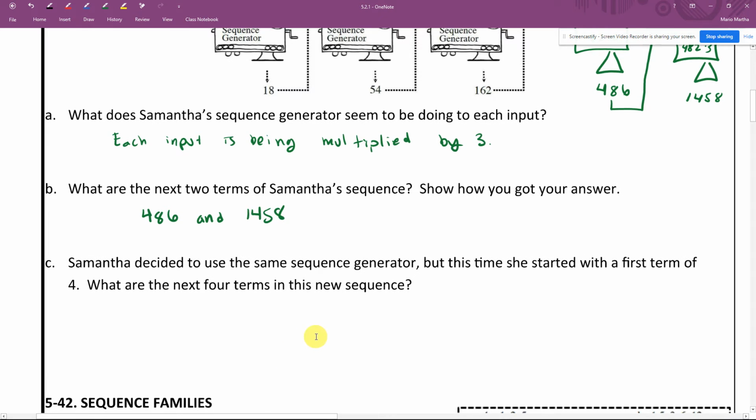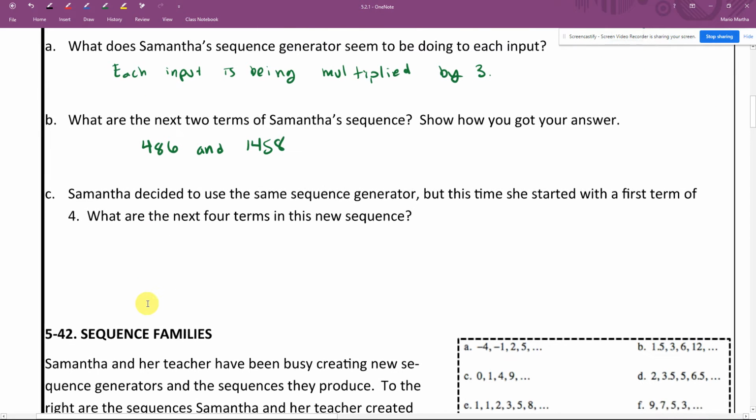Samantha decided to use the same sequence generator, but this time she started with a first term of 4. What are the next 4 terms in the new sequence? Remember, whatever number comes into the machine is being multiplied by 3. So this time we start off with 4, multiplied by 3, we get 12.